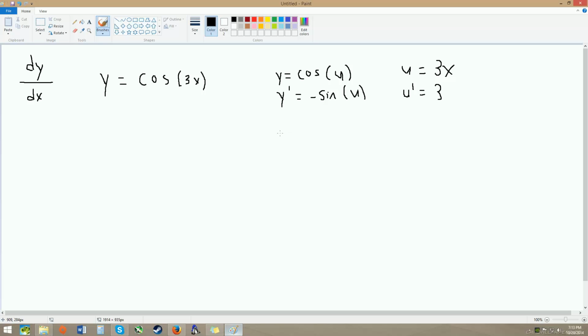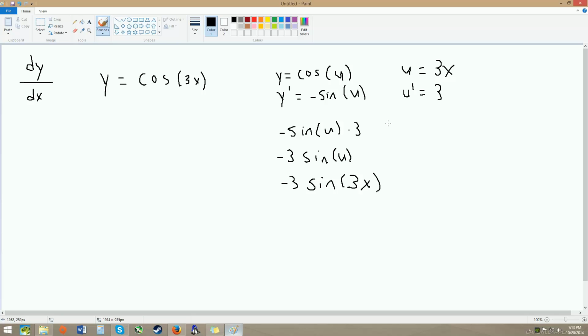So we have negative sine u times 3. So what does this come out to? Negative 3 sine u. And what is u equal to? Negative 3 sine 3x. And that's how you solve the chain rule right here.